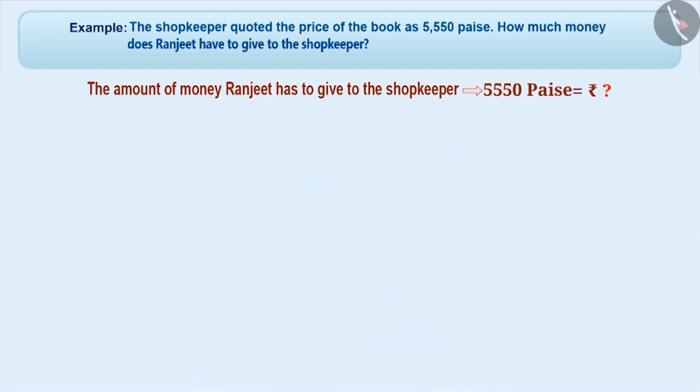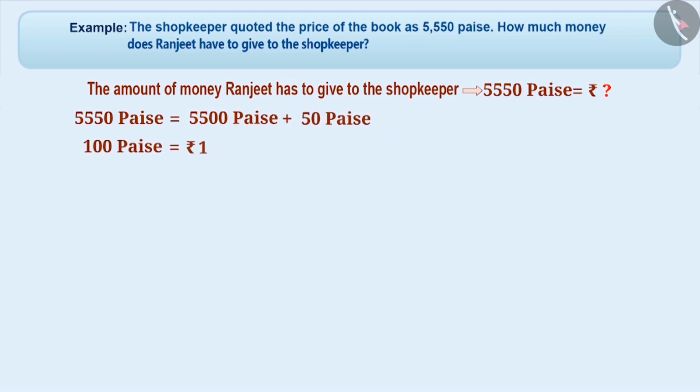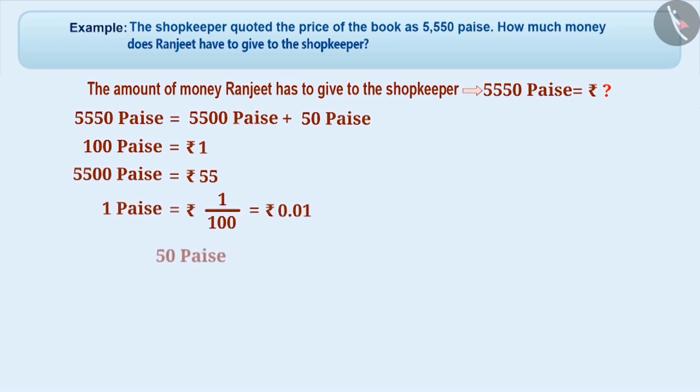We can write 5,550 paise equals 5,500 paise plus 50 paise. Since 100 paise equals 1 rupee, therefore 5,500 paise equals 55 rupees. Since 1 paisa equals 1 by 100, that is 0.01, so 50 paisa equals 50 by 100, that is 0.5.